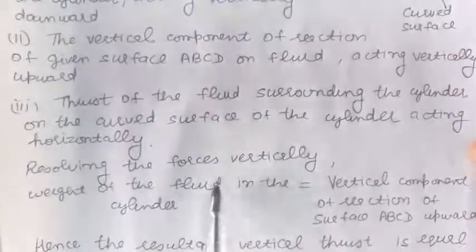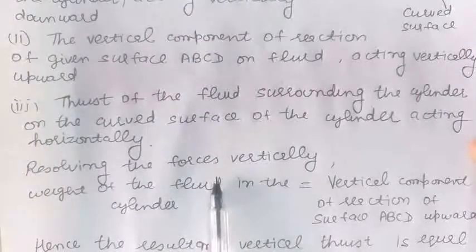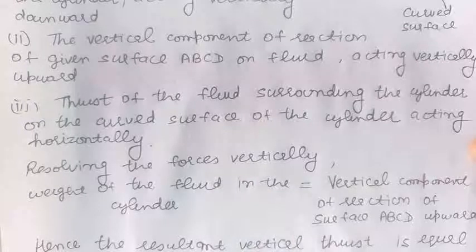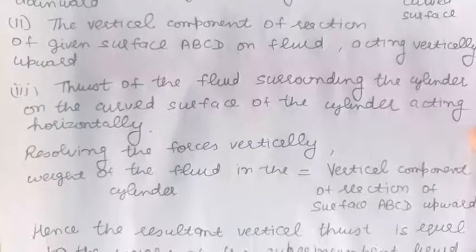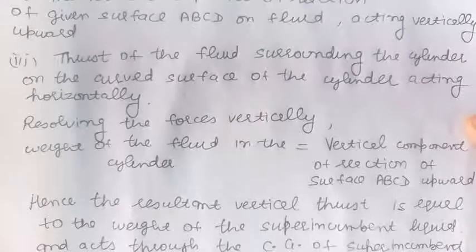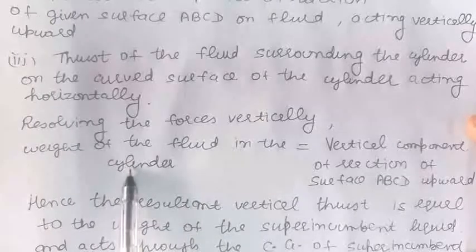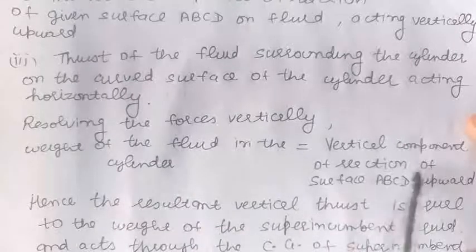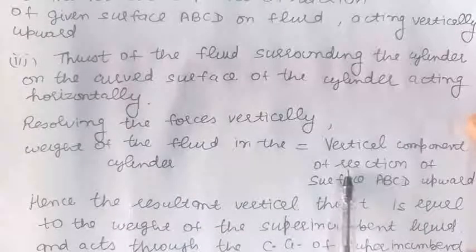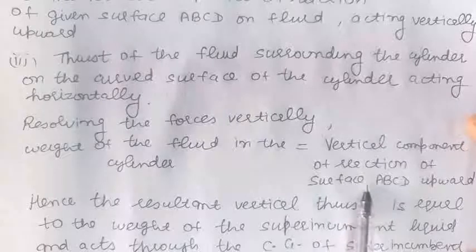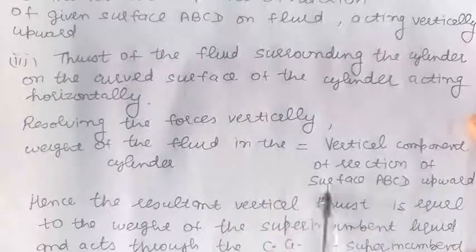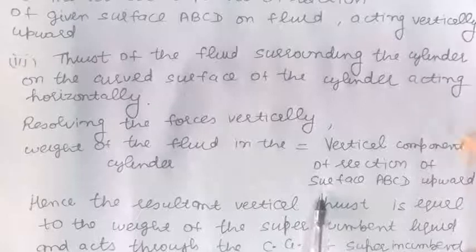If we resolve the forces vertically, then in case of equilibrium, the total upward force will be the same as the total downward force. In the downward direction, we have the weight of the fluid in the cylinder, and in the upward direction, we have the vertical component of reaction of the surface ABCD. So in equilibrium, these two forces will be the same.